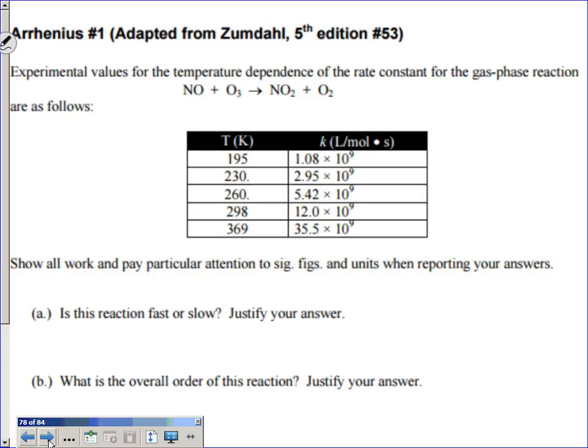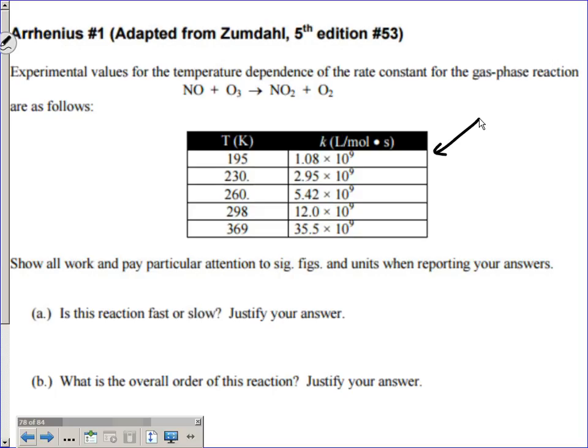Okay, gotcha. All right, so I know you're putting data in, but at this point you should be seeing the values of k. Look at those values of k. Give me some descriptors. Really big. I was going to say enormous. Right? That's like a billion. All right, so very large value of k. Alvin, reaction fast or slow? Alvin, are you listening?